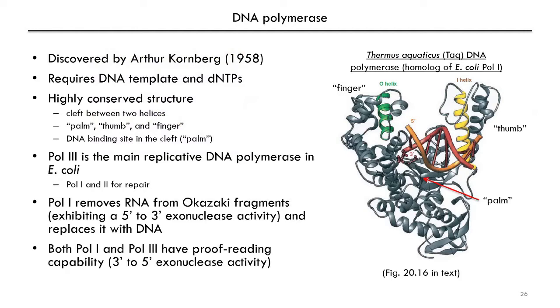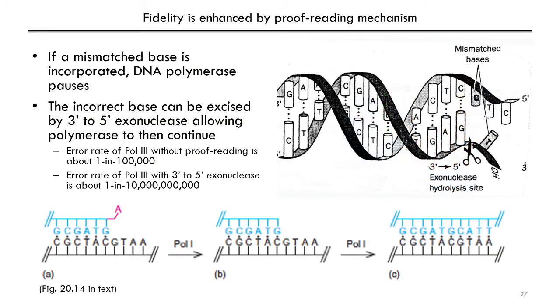Both DNA polymerase I and DNA polymerase III have proofreading capability, which results from a 3' to 5' exonuclease activity. The result of this 3' to 5' exonuclease activity is increased fidelity. When the polymerase adds a base that is mismatched to the template, the incorrect nucleotide at the 3' end of the growing strand can be excised before DNA synthesis continues.